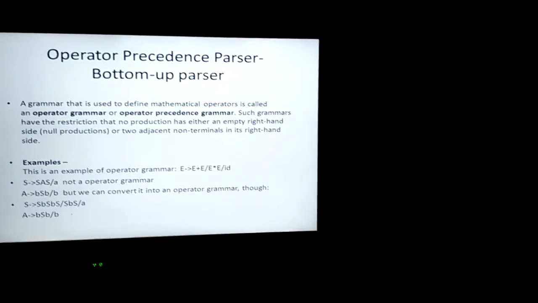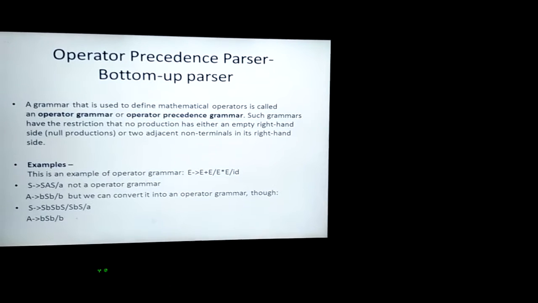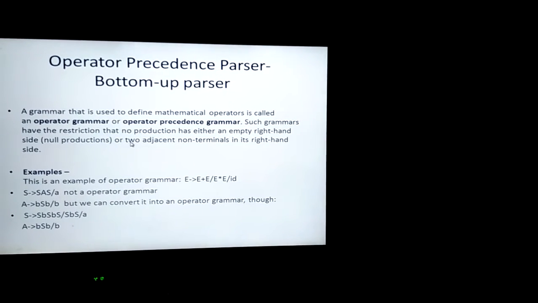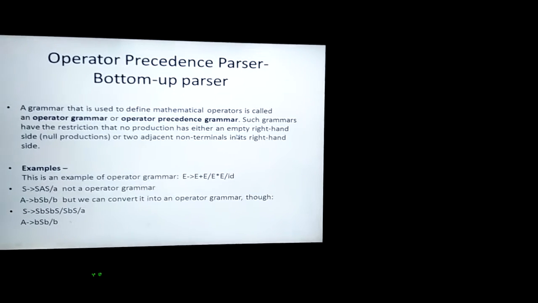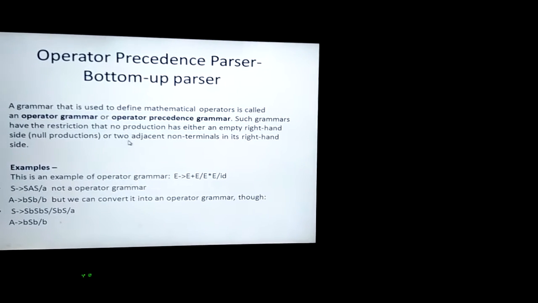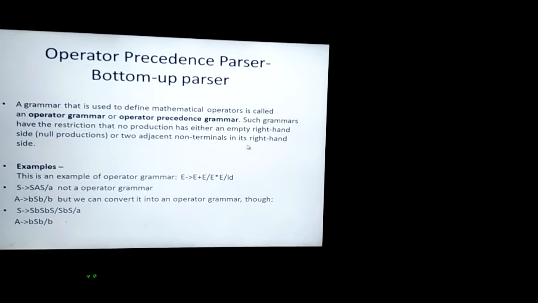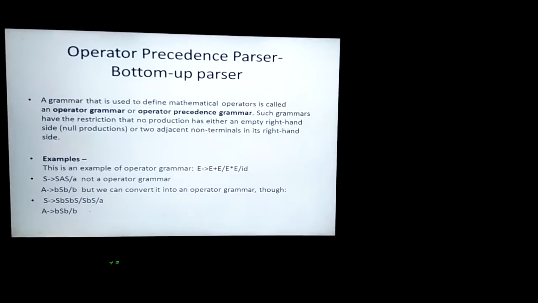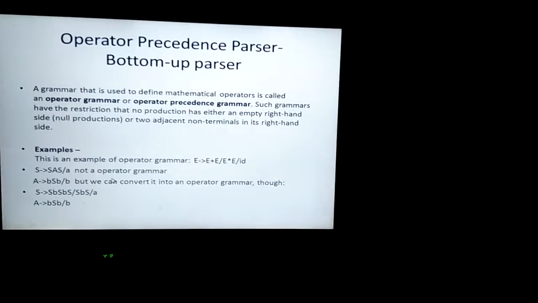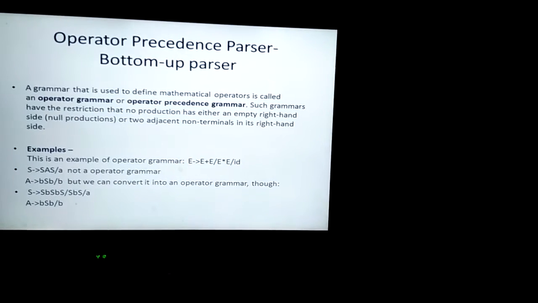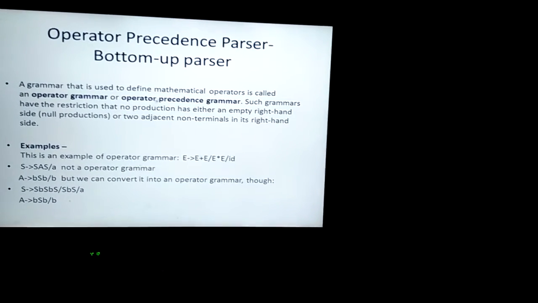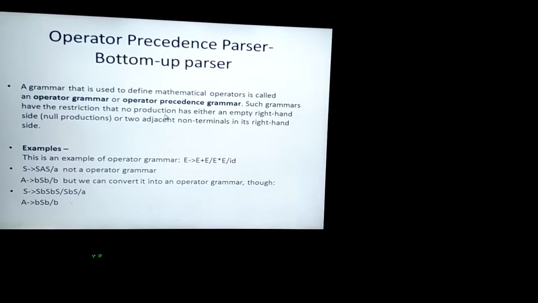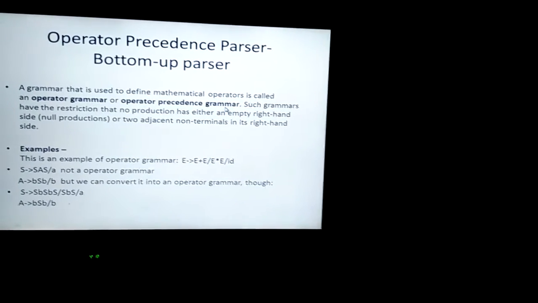A grammar should not have any null productions, and it should not have any two adjacent non-terminals in the right hand side of its productions. In this slide we can see how such a grammar, which can be used for solving the mathematical operator, is called an operator precedence grammar.